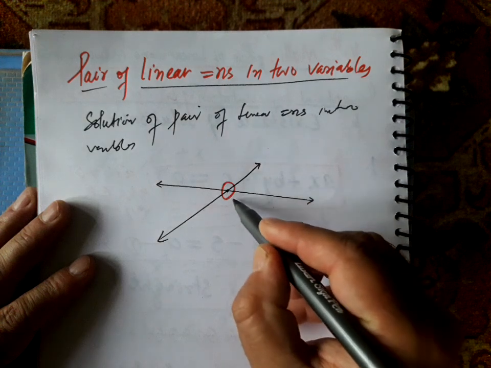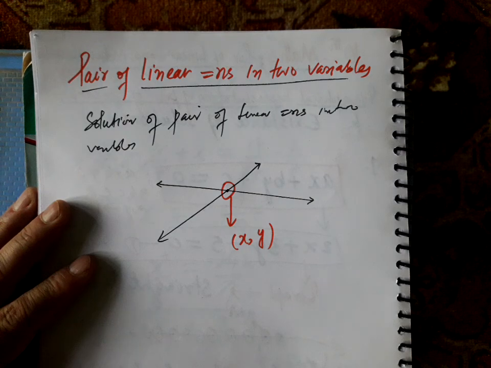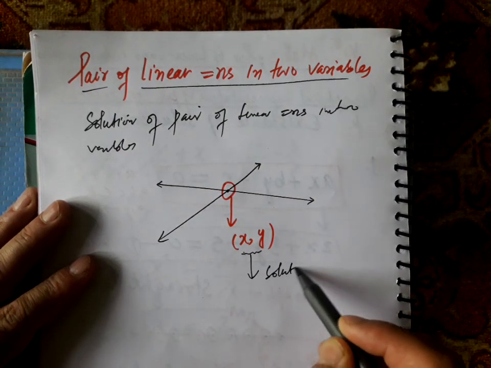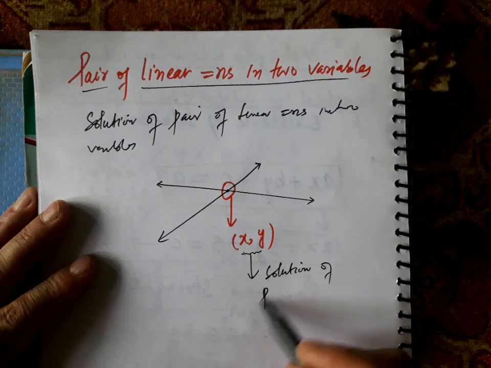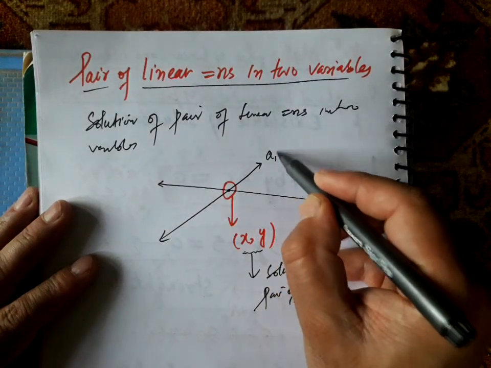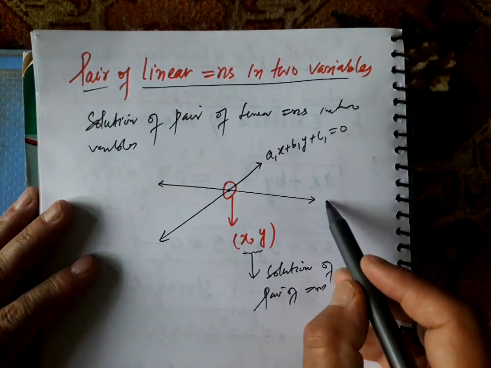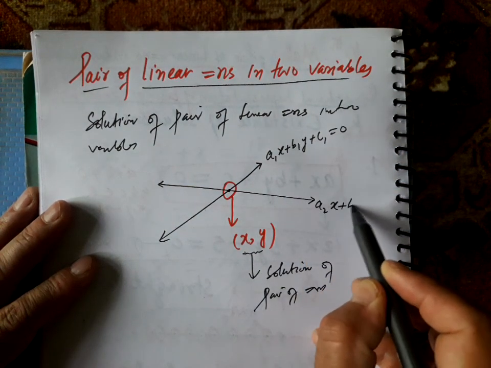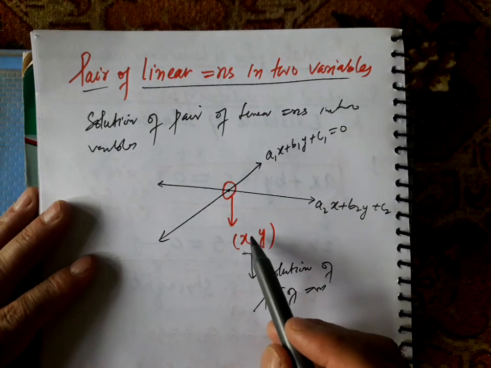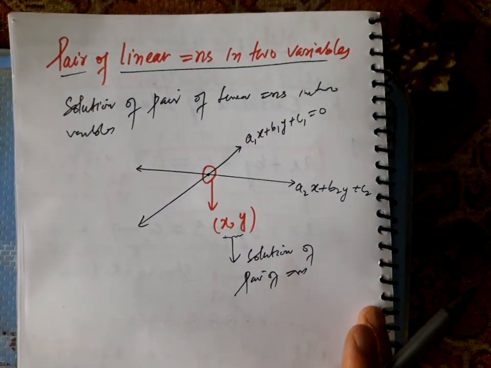This common point will have coordinates x, y, and this will be the solution of the pair of equations. If you have an equation a1x plus b1y plus c1 equal to 0, and another equation a2x plus b2y plus c2 equal to 0, then the lines meet at a point. The common point will be the solution of both the equations, that is, the solution of the pair.